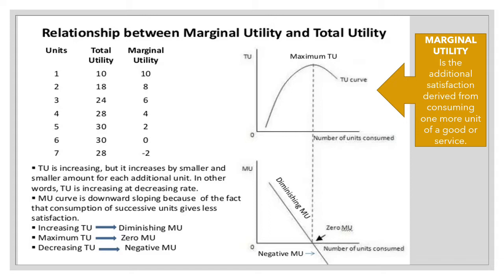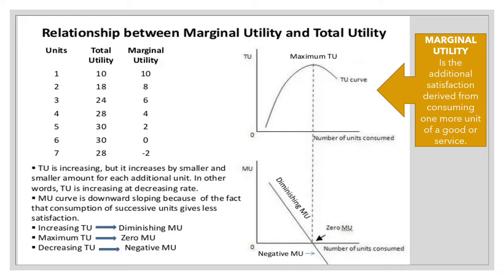In order to get the marginal utility, again, marginal utility is the additional satisfaction derived from consuming one more unit of a good or service. We can get the marginal utility by identifying the difference as you add another unit of pizza.